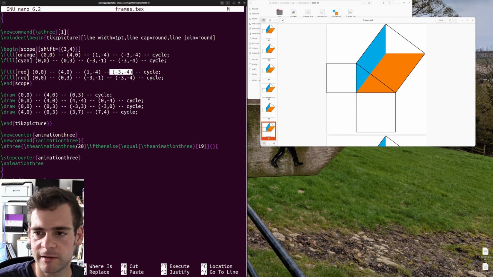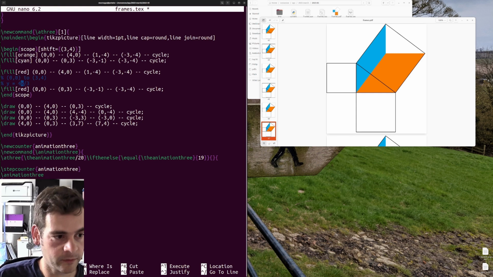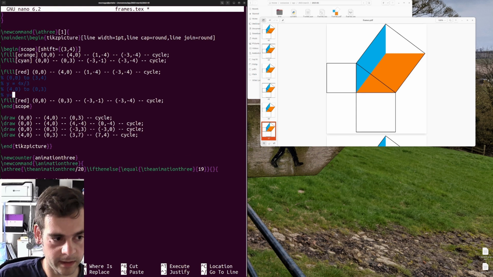This point becomes 0, 0, and this point becomes 3, 4. Is y equals 4x over 3. And then the other line, we've got y is equal to c, which is 3, and the gradient here is minus 3 over 4.